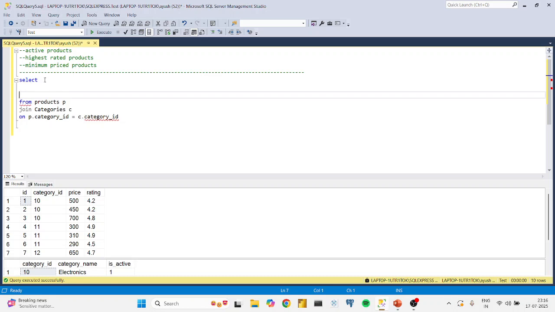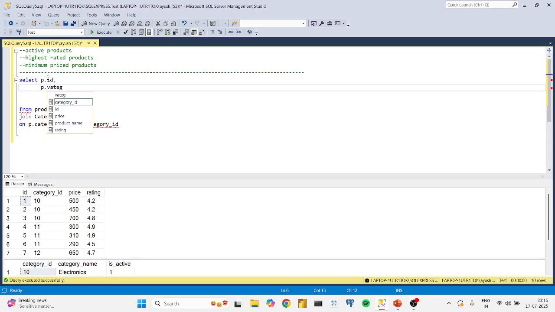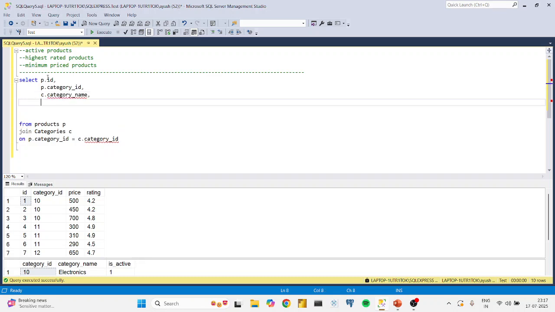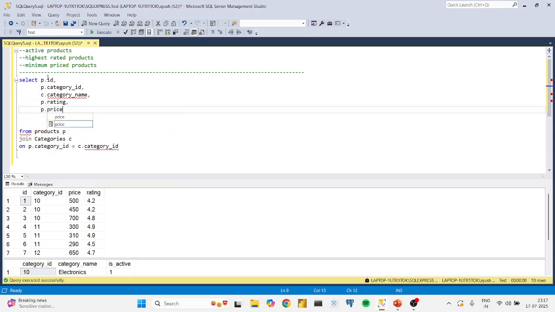What do we need? We need everything, right? Let's combine these two tables and find all the active products. So we need P.id, P.category ID, C.category name, P.rating, and P.price.